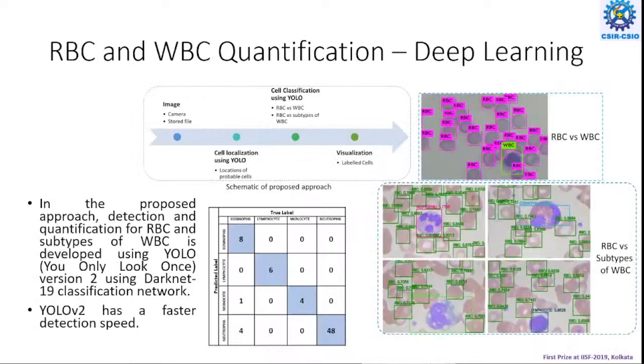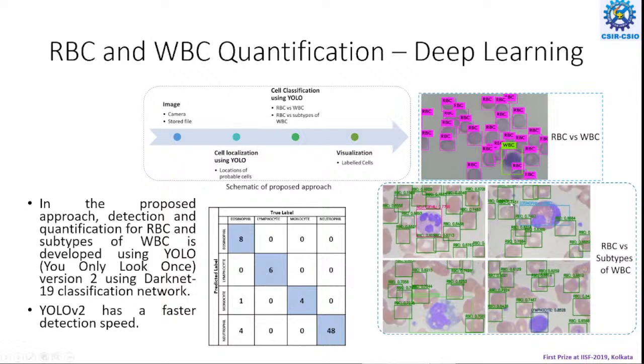So here we're discussing a step similar to the previous one, where all the RBCs are detected. In this step, we are discussing RBC and WBC quantification with deep learning. What is happening here? Instead of using segmentation, we have trained the system by manually annotating the images, drawing the cell area, and then training our system.